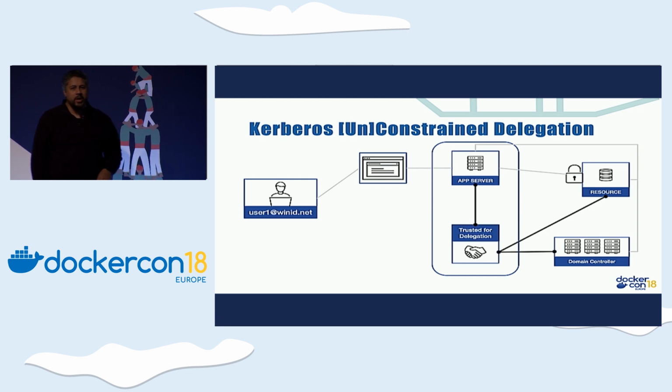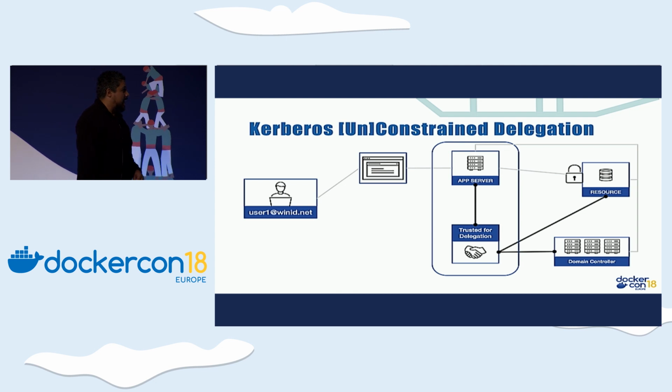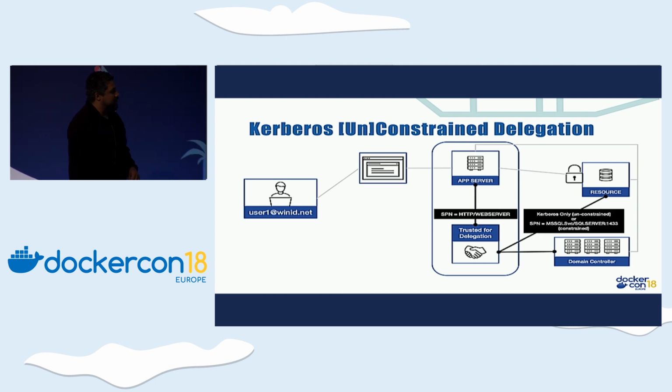So in this case, we're going to introduce an account that's going to be trusted for delegation. What that account is going to allow you to do is specify within the domain that this particular account is trusted to pass that user's information from the front to the back without prompting that user for a user ID and password. So it's going to go ahead and create a session for that user, take that session, and pass it to the back.